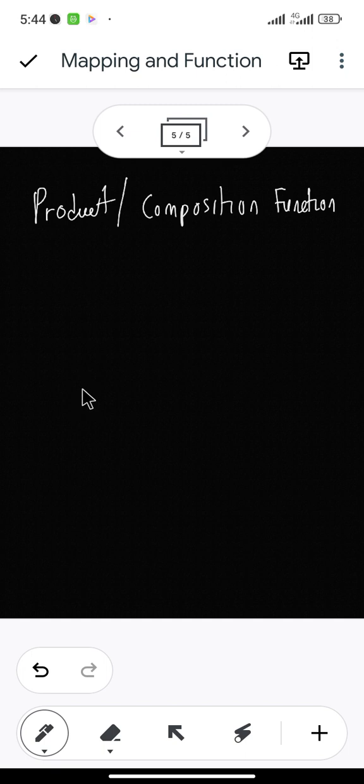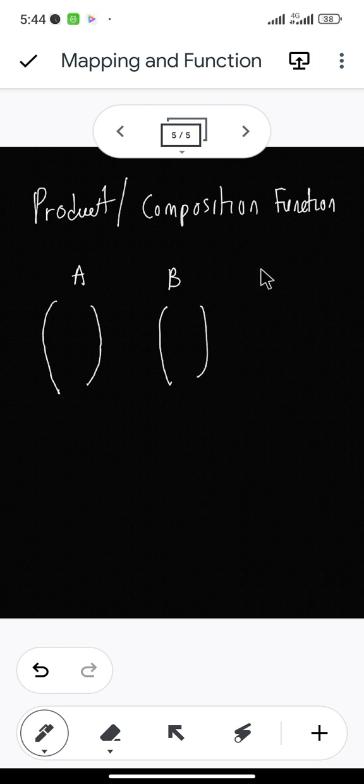Now let's say you have three sets. Set A, set B, and set C. Now let's give each of them elements.